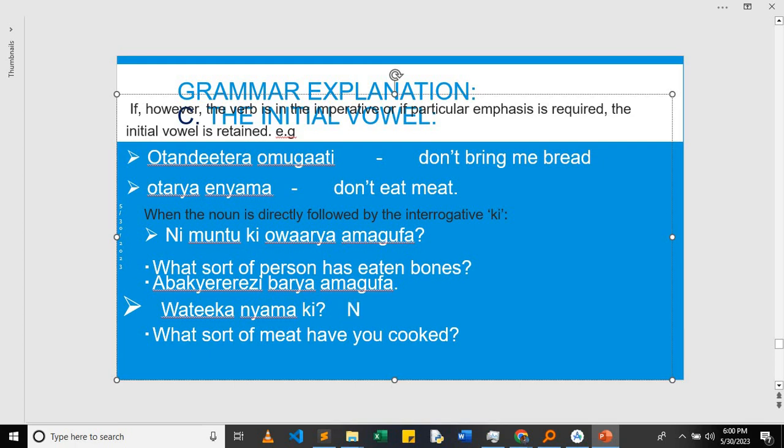Nateka enyama yente. Nateka enyama yembuzi. Nateka enyama yenkoko. Yeah, I have cooked. This one can also be what type of meat?